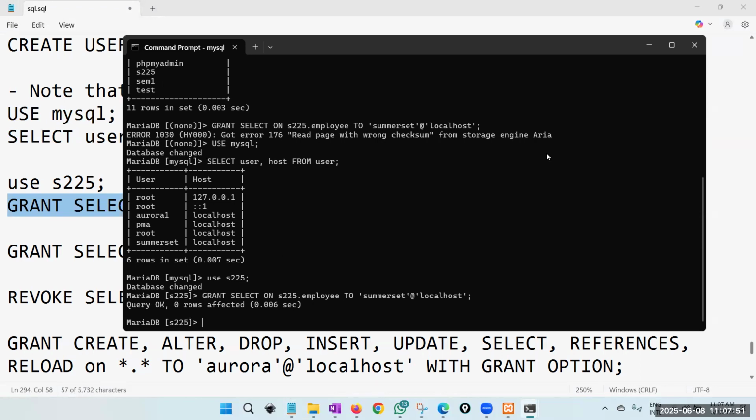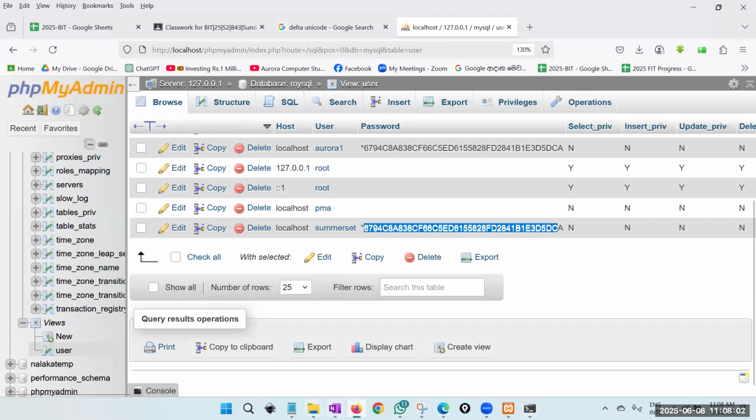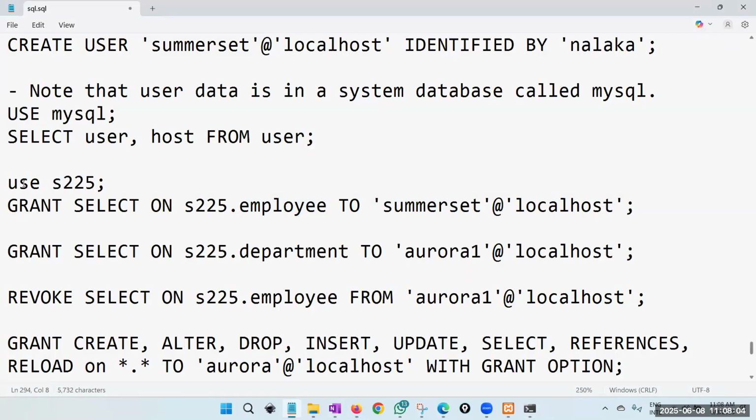We need to go into the database, right? So I selected that database first using use and then gave the access, right? So this must be slightly changed. Yes, you can see you need to go to the database and then do it.